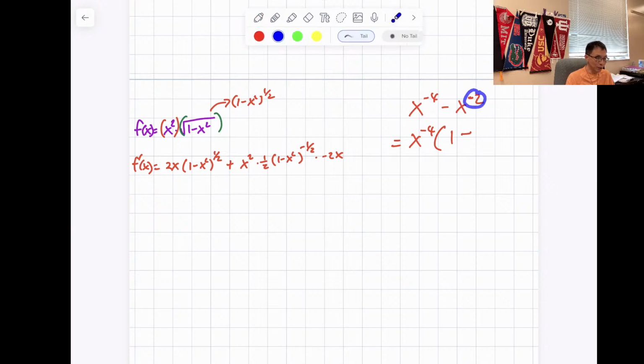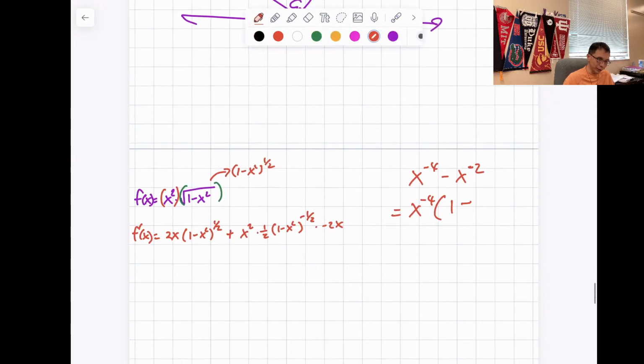Yeah, so remember, just normal thing, right? If you factor out from x to the negative 4 minus x to the negative 2, you take out the most negative, because negative 2 is more negative than negative 4. You take out x to the negative 2 and subtract it from each exponent. So you get x to the 0 power, which is 1. So that's really easy factoring.